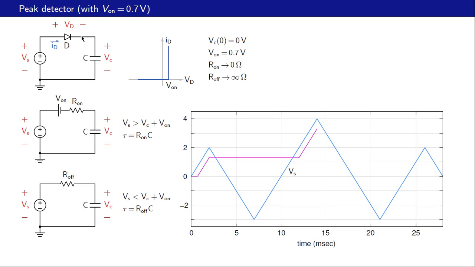The diode stops conducting, and we have this situation, and there is no way the capacitor voltage can change anymore because the current here is 0, and that is what we have here. So the output voltage in this case is quite similar to our previous example where V on was 0, except for this difference between Vs and Vo.